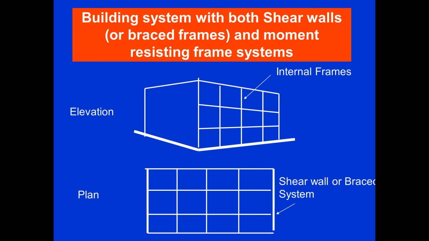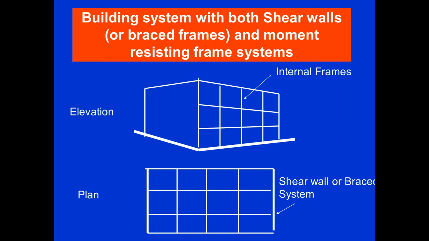Today we will see the next part of the theory of earthquake resistant design. That is the building system with both shear wall or brace frames and the moment resisting frame system.